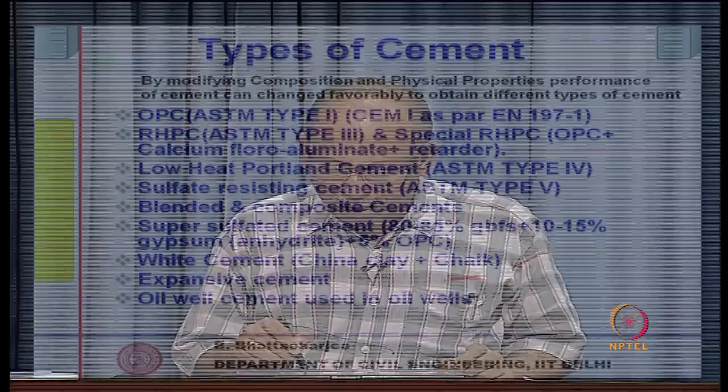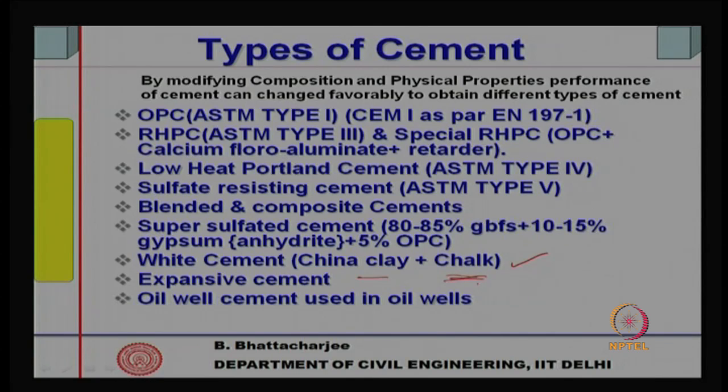Therefore, this cement is very costly, because you are producing it from specific raw materials, China clay and chalk. Its properties and composition are similar to OPC, but with no iron and no other such oxides which can add color. This is why it is white cement, used where you want aesthetics.